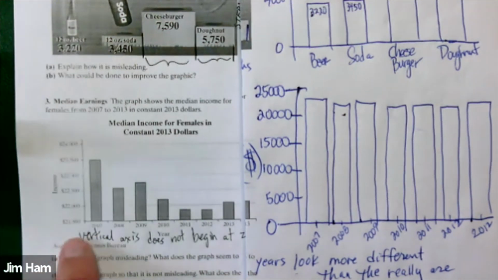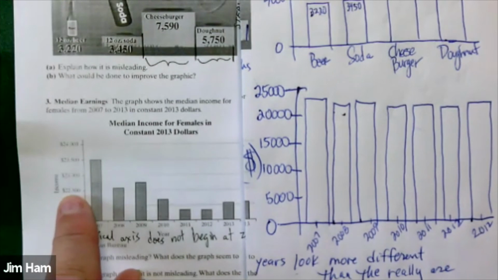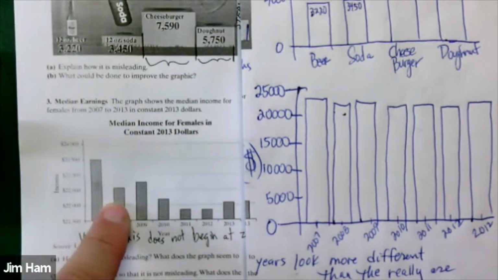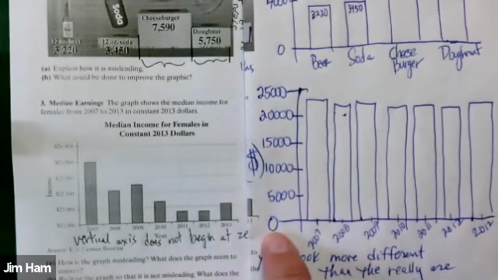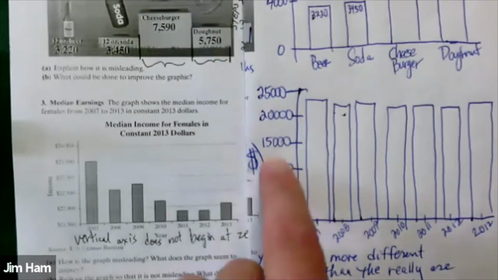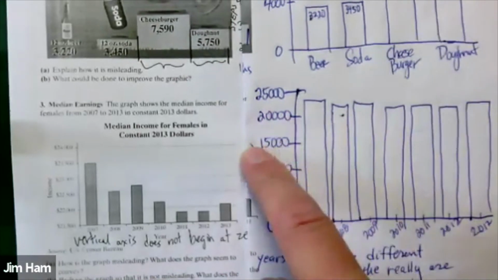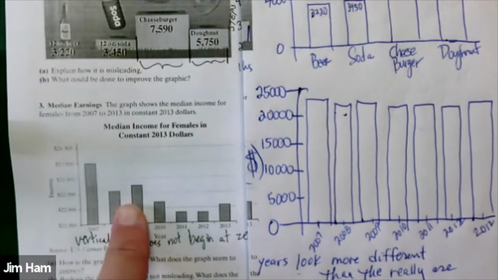This one, because we didn't start at 0, makes these little differences between, say, 22,500 and 23,500, a $1,000 difference, look dramatically different. It almost looks like they lost half of their salary going from one year to the next. But if you start the new graph off at 0 and go up to about 23,500, this is what it looks like. And so there's very, very little difference in the median earnings of women between those years if we don't distort the graph like this.